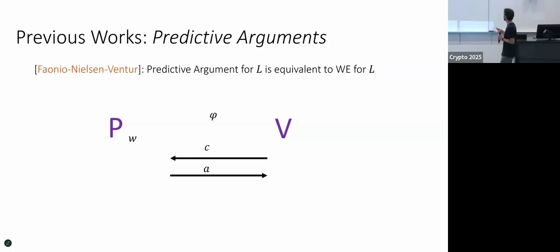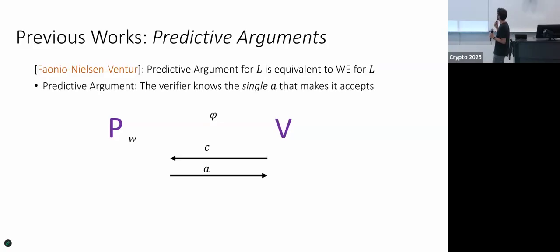an arbitrary number of rounds. A two-round predictive argument is an argument system where the verifier sends a message to the prover, a challenge, and the prover sends an answer. And the premise is that there exists a unique answer from the prover to the verifier that will make the verifier accept, and the verifier knows what this answer is.